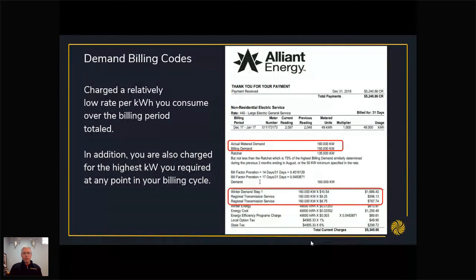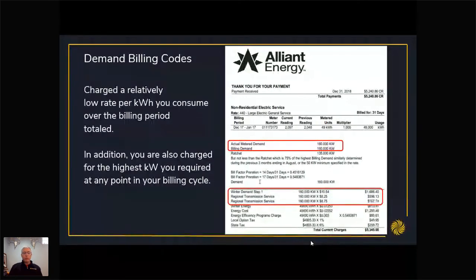And to make the math really easy, let's just say you had 3 months consecutively where your peak meter demand at any point during the day was 1,000 kilowatts. In month 4, let's say you changed a bunch of equipment, the building shut down for whatever reason. You did very little. Let's say your peak demand was 100 kilowatts.